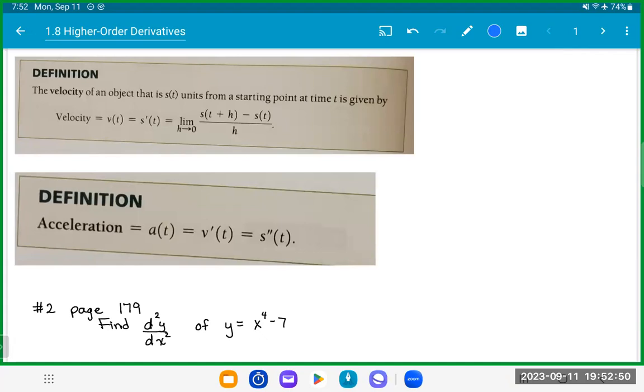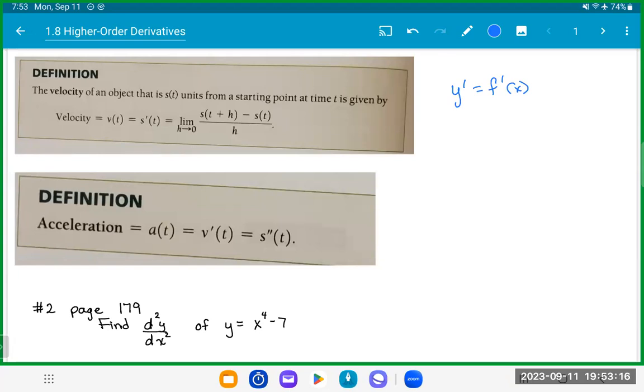And it's written, so we have y prime is equal to f prime of x, okay? And if I wanted to take the derivative of a derivative, that's called a second order derivative or the second derivative, okay?